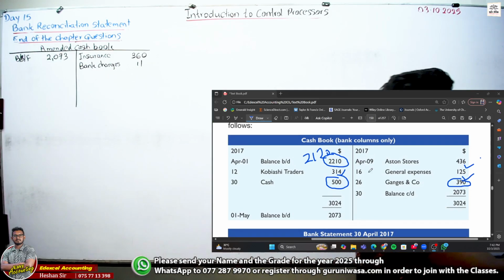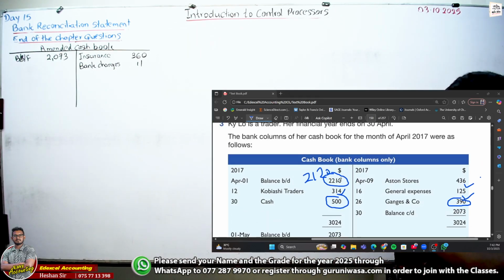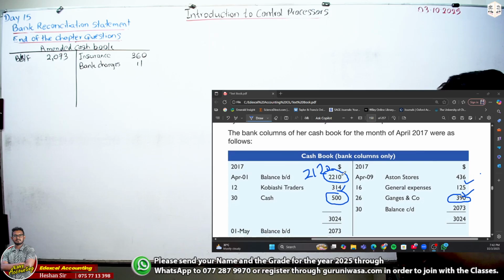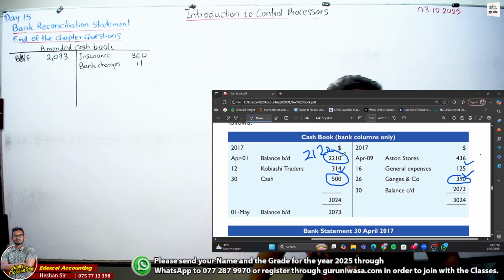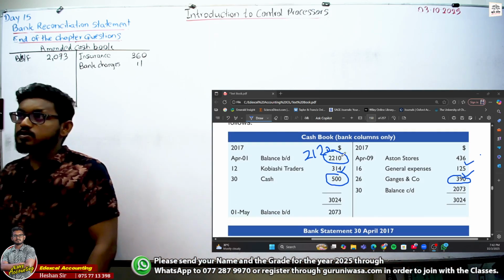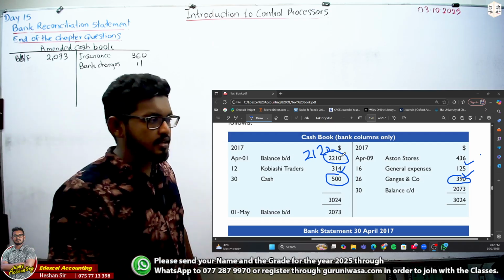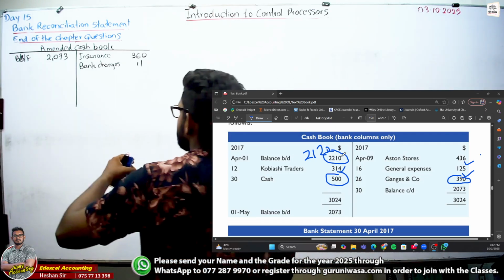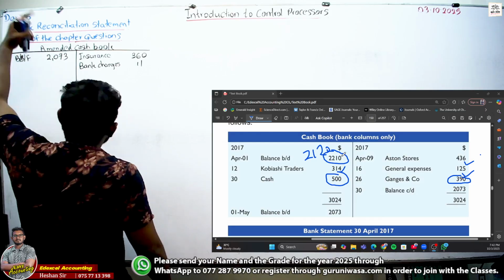The opening balance is 90 higher, so the closing balance also will be higher.